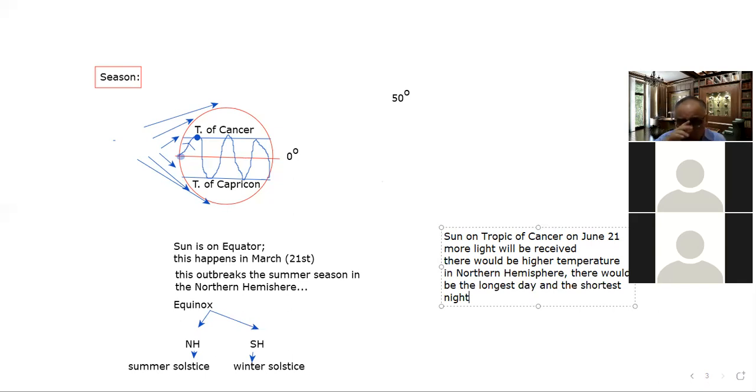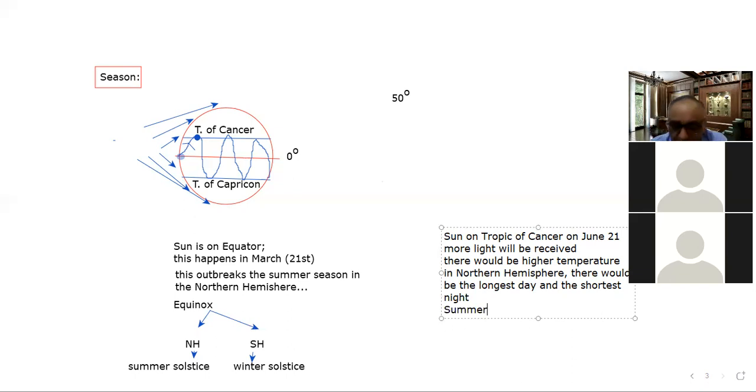And in the southern hemisphere it will be opposite to this. In the northern hemisphere there will be the summer season. Now what happens in the southern hemisphere towards Australia on this particular day, June 21? With the sun on the Tropic of Cancer, the sun is farthest from the southern hemisphere.